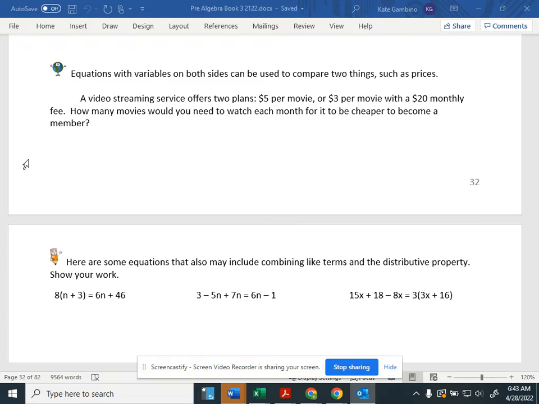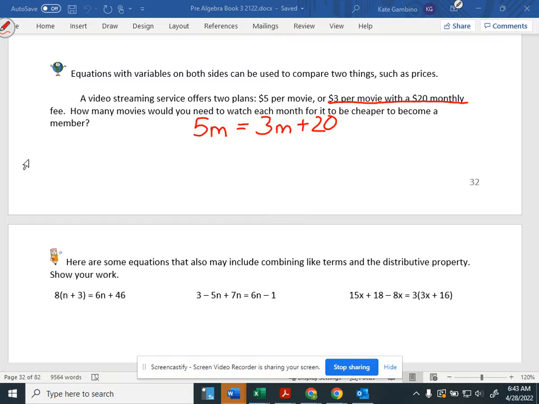So let's look at how we would set up that equation. We could have $5 per movie equals $3 per movie plus our $20 monthly fee. That $20 monthly fee is only with the $3 per movie.